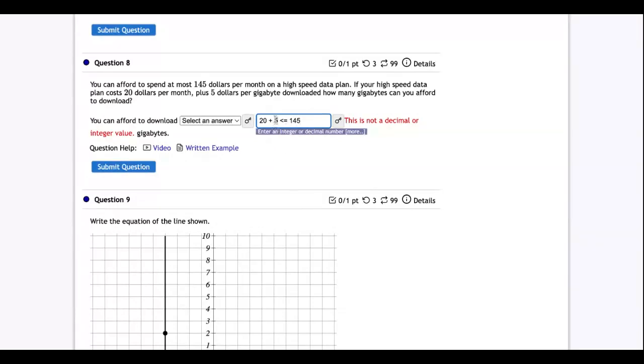But with 5, you cannot do 20 plus 5, because 5 is $5 per gigabyte. So you have to multiply by how many gigabytes, right? Right. Now you form the inequality. The rest of it, just solve it.